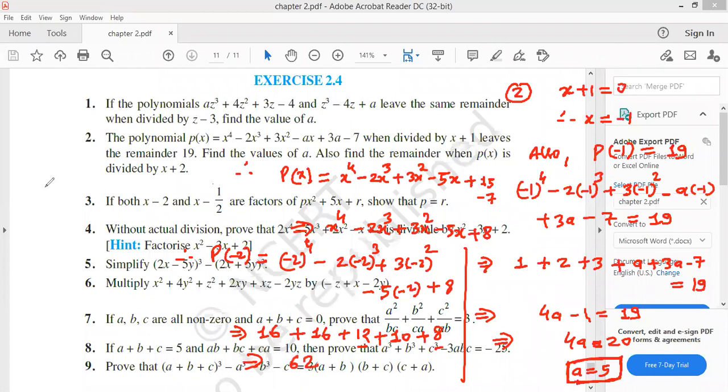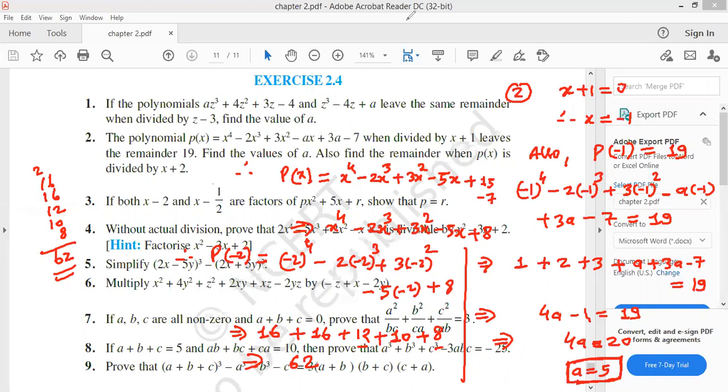Correct? If it is not coming, add here: 16 plus 16 plus 12 plus 10 plus 8. 6 2s are 12, 13, 14, 14 plus 8 is 22. 2 carry 2, 1 3, 1 4, 1 5, 1 6. Correct? Therefore, if you divide this by x plus 2, the remainder will be 62. Is that clear?